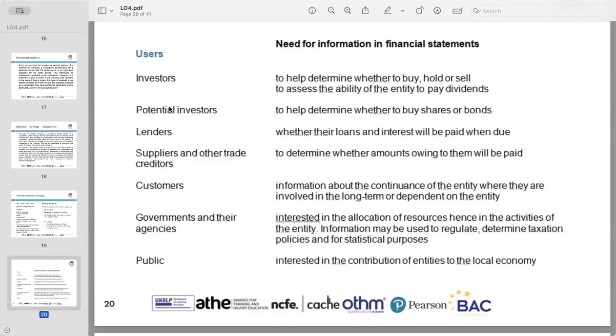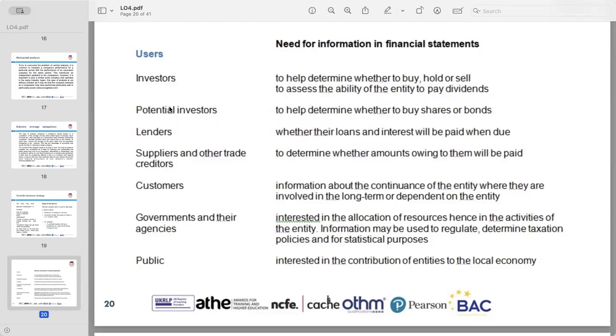Lenders use financial statements to gauge a company's ability to repay loans and interest on time. Suppliers and creditors assess a company's creditworthiness and payment reliability. Customers may seek reassurance about a company's stability and continuity.